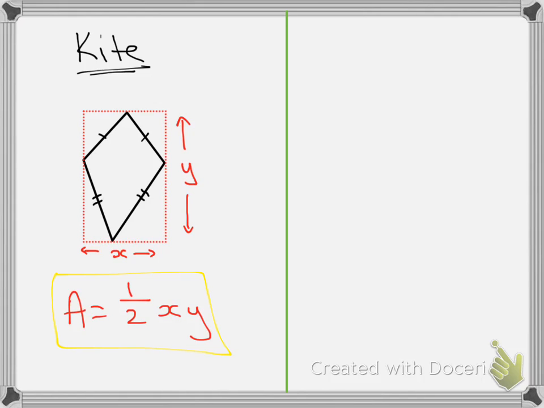Remember, area of a rectangle is length times width, which in this case, if we use the letters here, would be y times x, or x times y. Doesn't really matter, but we have that half in front there, which means that a kite turns out to be half the size of a rectangle, and you can see the missing corners in the sides there.